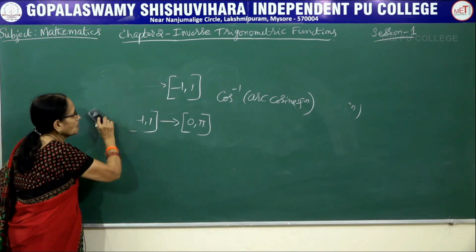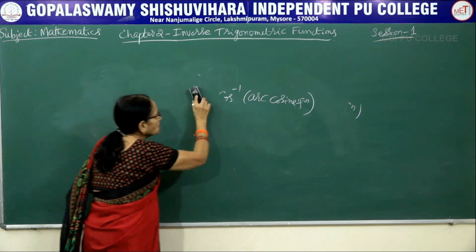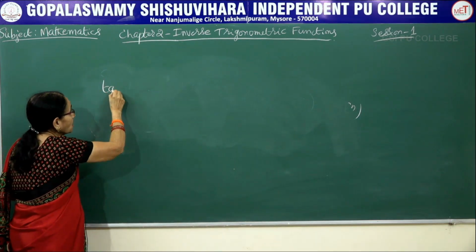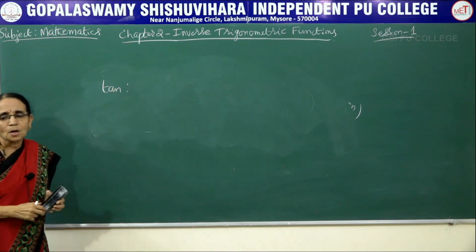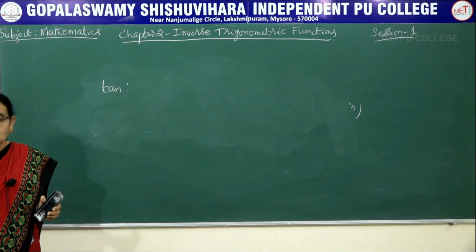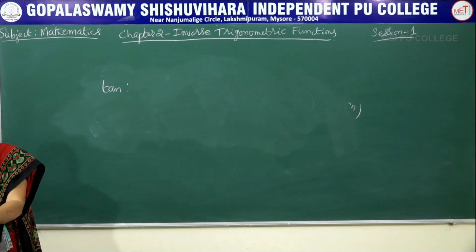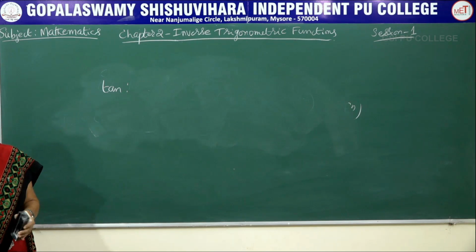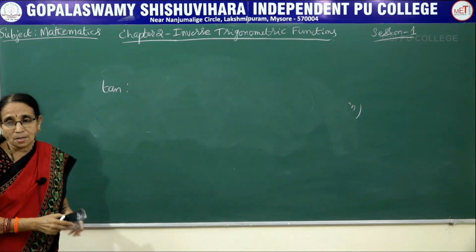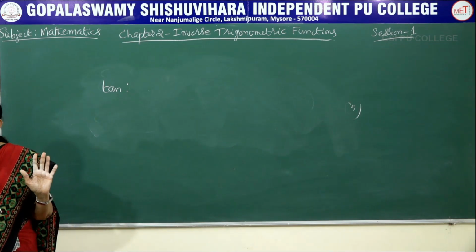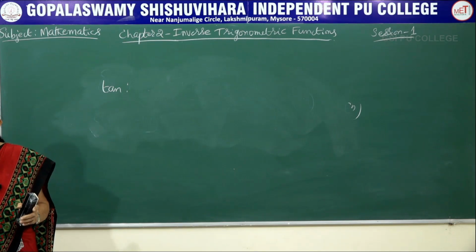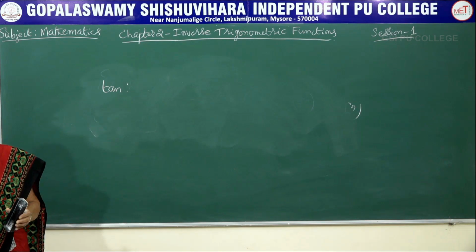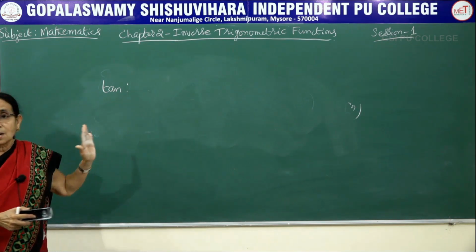Now let me consider the tan function. What is the domain here? Again, for the tan function also, we consider the domain to be the set of the real numbers, isn't it? Now here, this is the tan function, tan x.